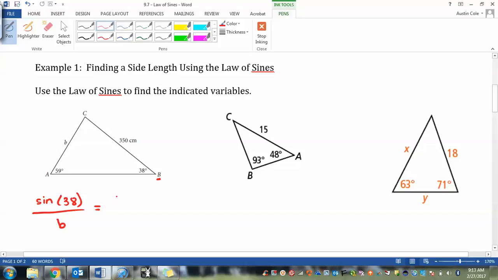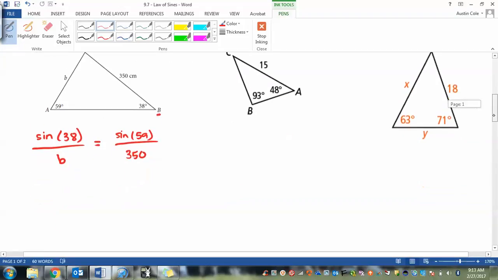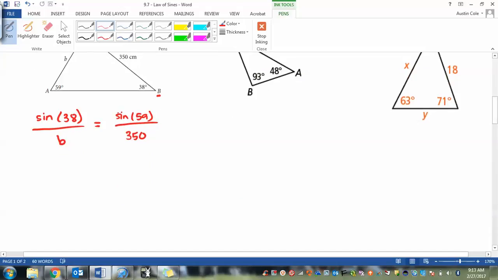So if I'm going to say the sine of 59, I better put that over 350. Now with a proportion we're going to cross multiply. So B times the sine of 59 equals 350 times the sine of 38.